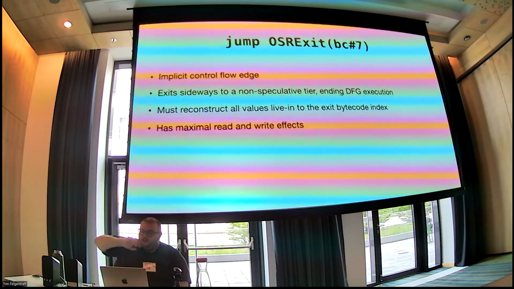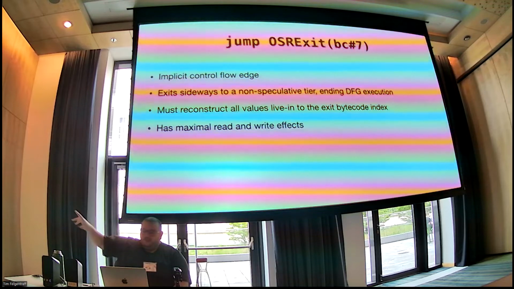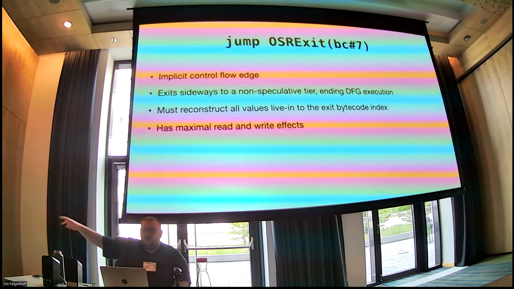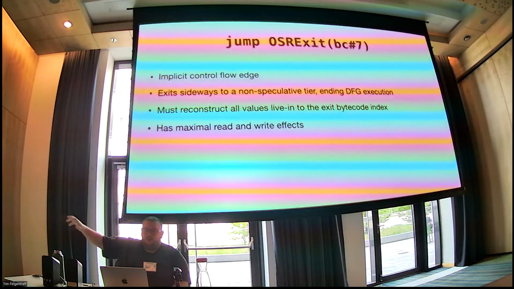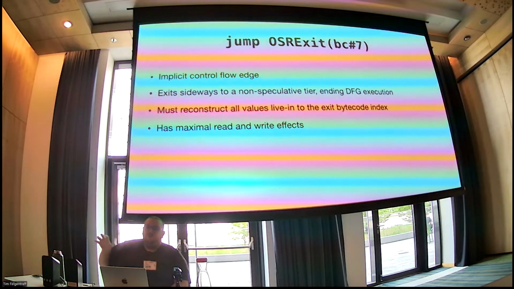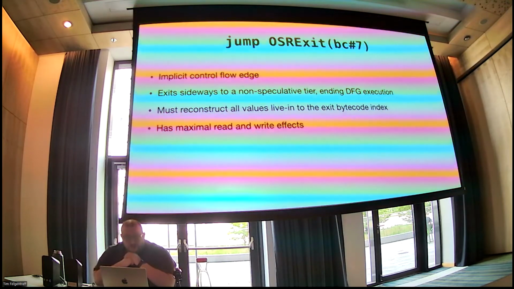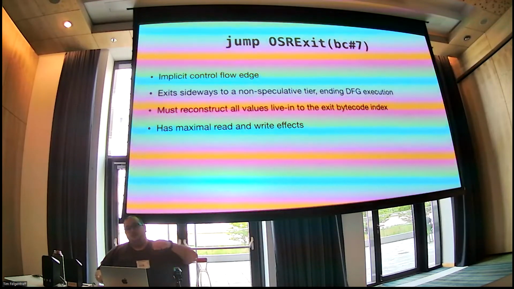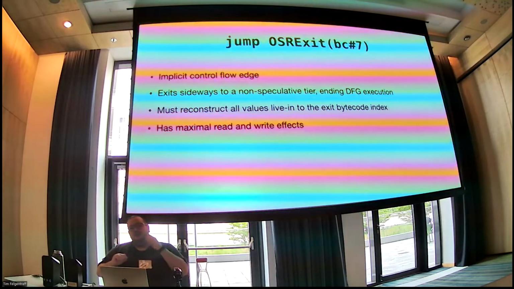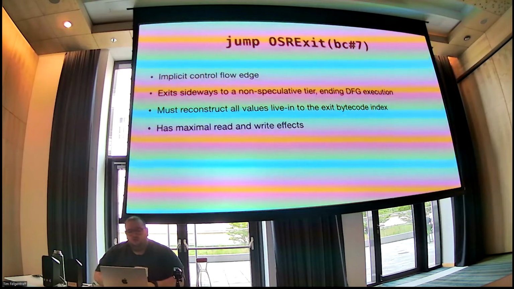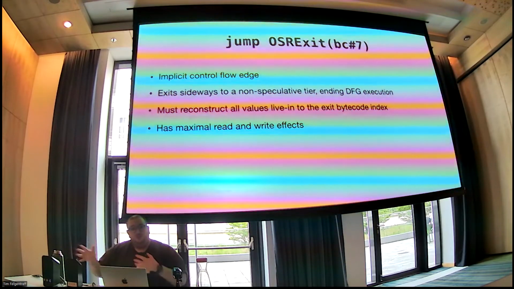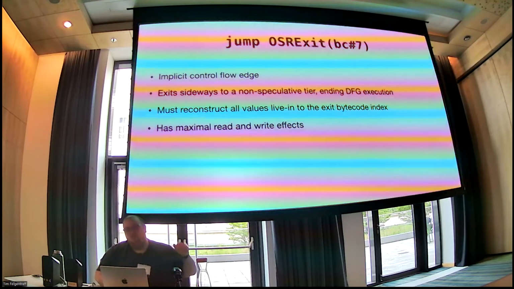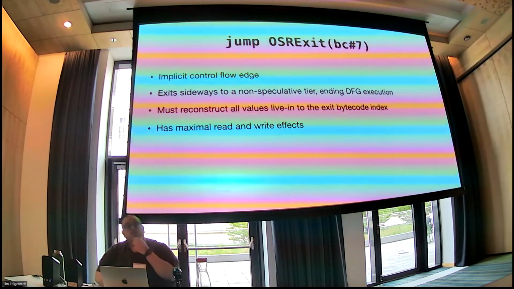That's important because when you enter your bytecode, you obviously have maximal read and write effects, but the compiler mostly just reasons about the read effects, because you can't arbitrarily sink a store below an exit. If you did take that exit branch, you would no longer observe the store, and that's observable to user programs. But you don't really have to consider write effects, because the writes only happen when you exit.